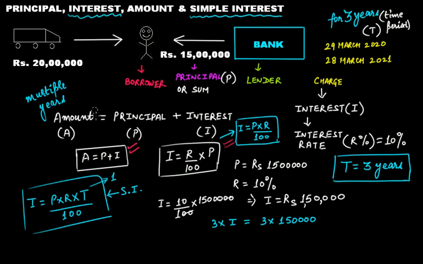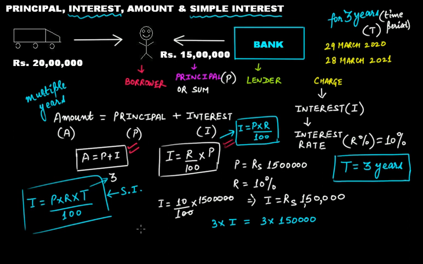So when it becomes 3 years, you have to calculate simple interest, because you calculate simple interest when the principal is given to you for more than 1 year. So this will be the formula: principal times rate times T, the time period. Everything is the same. It's just that here you are multiplying a new term, that is the time period, because the amount that is being given to you is for more than 1 year.